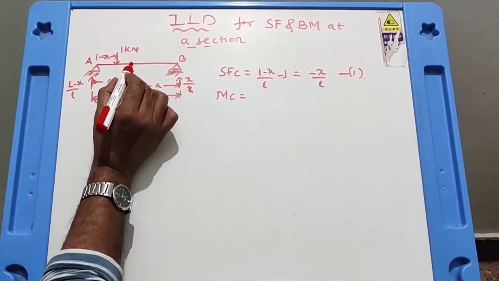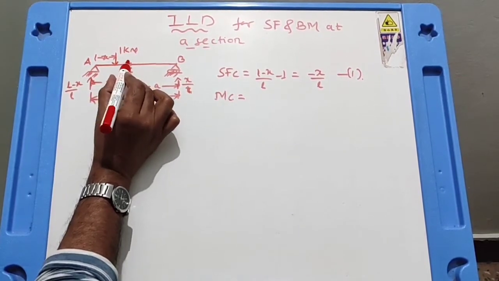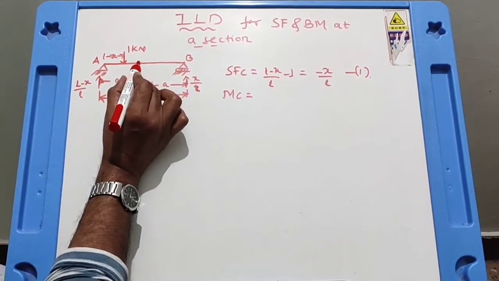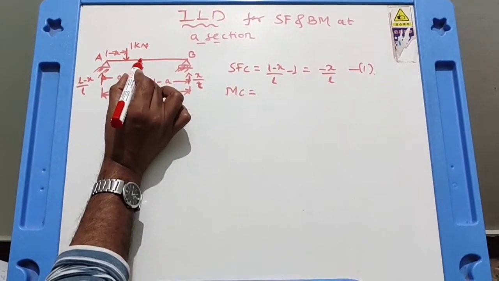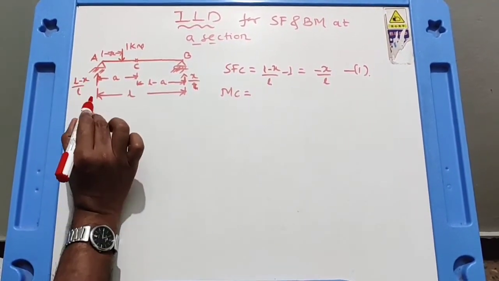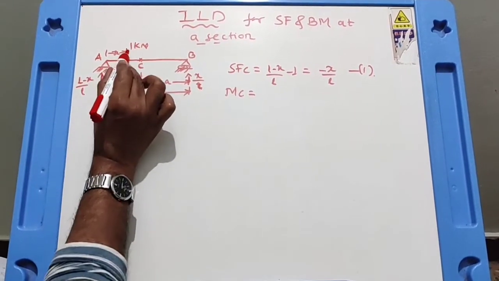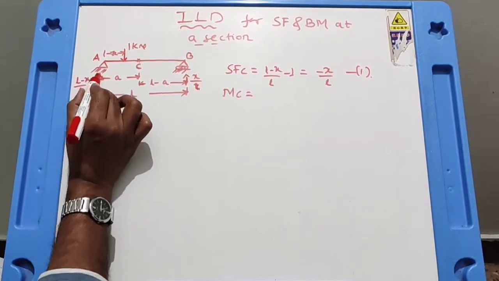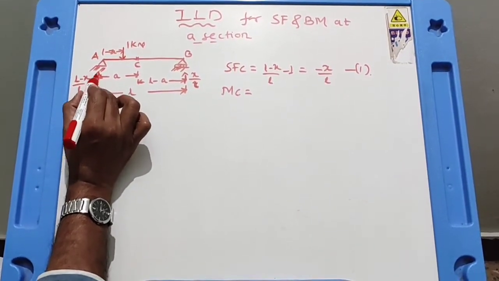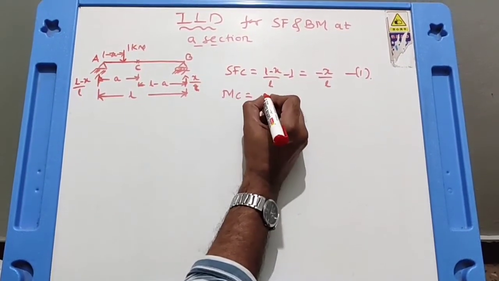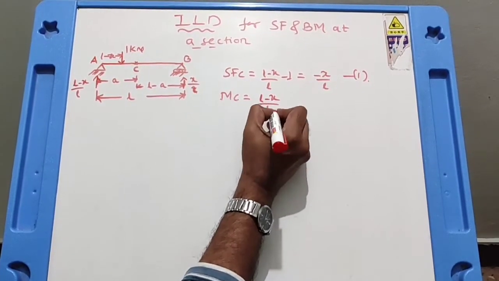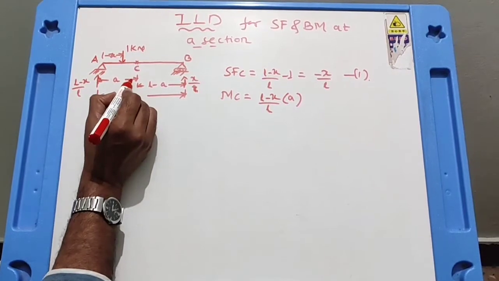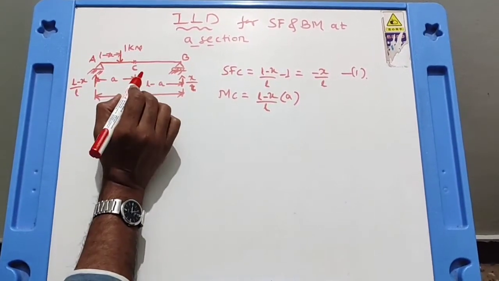And what is bending moment at C? You have learned the definition in strength of materials. The bending moment is the algebraic sum of all the moments on any one side of the section. The section is again C. On the left of the section, the bending moment at C is due to two forces. One is (L minus x) upon L, another is due to 1. The bending moment due to the reaction at A is (L minus x) upon L into a, force into perpendicular distance, and it is clockwise positive according to the sign convention.